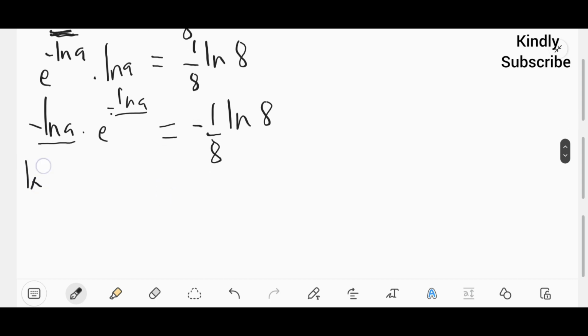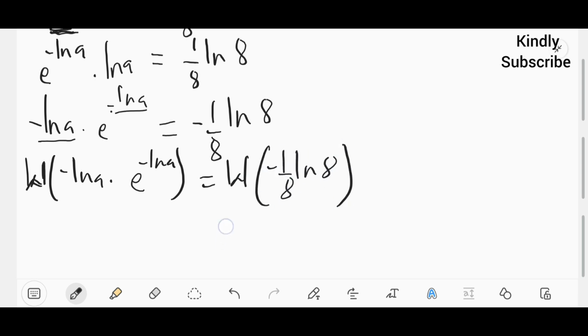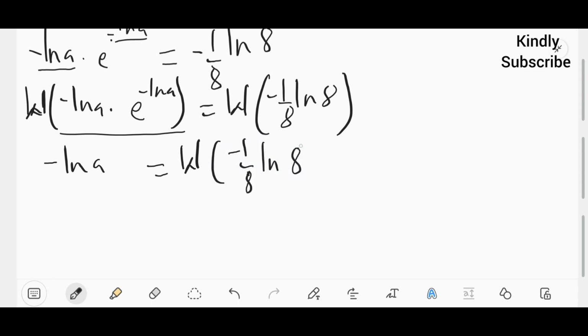It is represented with a capital W. So we get something like this, equals W of negative 1 on 8 ln of 8. Now, per the principles of the product log function, this whole thing can be written as minus ln of a equals W of minus 1 on 8 ln of 8.